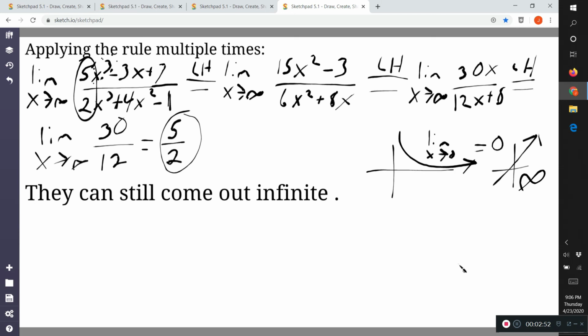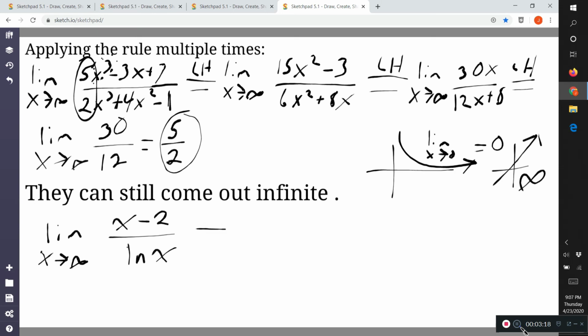So let's look at an example of that. If we have the limit as x goes towards infinity of x minus 2 over the natural log of x. If I plug infinity into the top, I get infinity minus 2, which is still infinity. If I plug infinity into the bottom, we talked about that earlier, natural log of infinity is infinity.